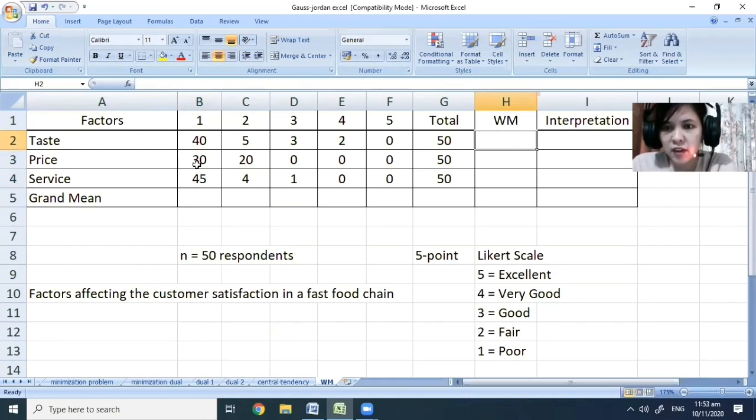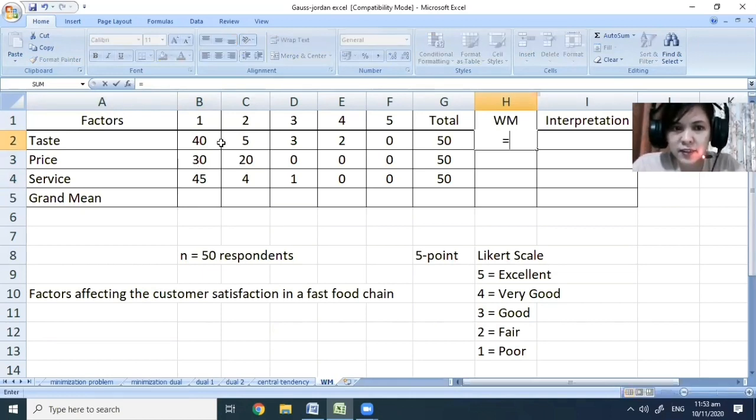So click, type equals, click this cell, B2. First, open parentheses, click this cell, B2, times the answer scale of 1, then plus, click this cell, C2, times the scale of 2.